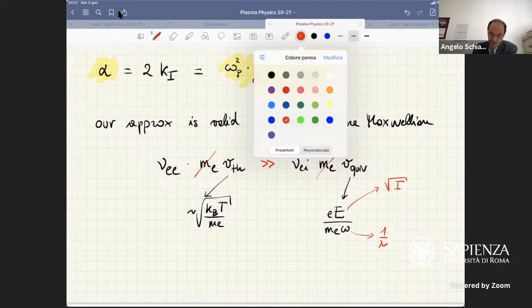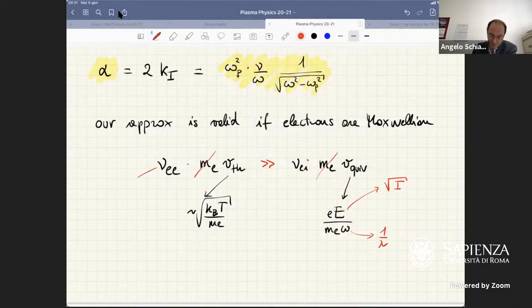And now the electron-electron frequency, if you remember, was something like mu EI equals Z mu EE. So there was a Z factor of difference between the electron-electron frequency and the electron-ion frequency.